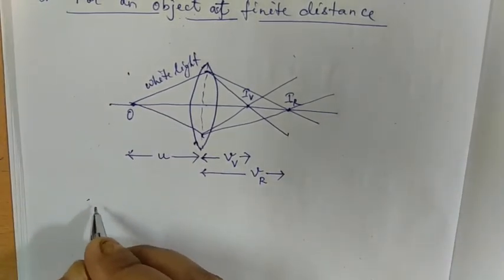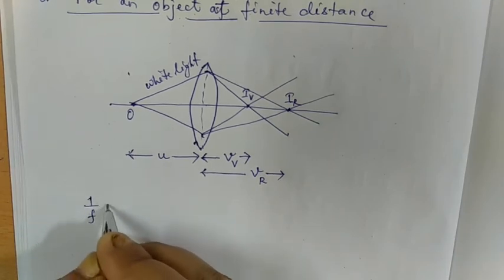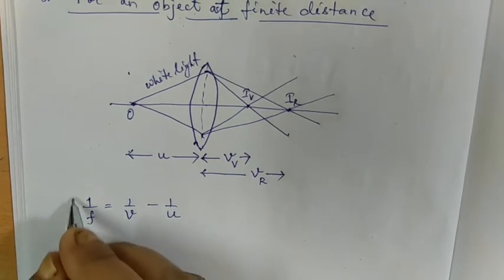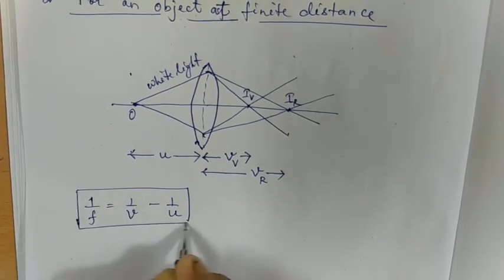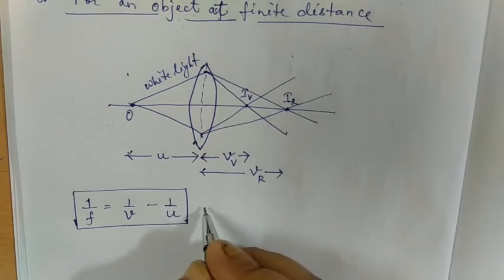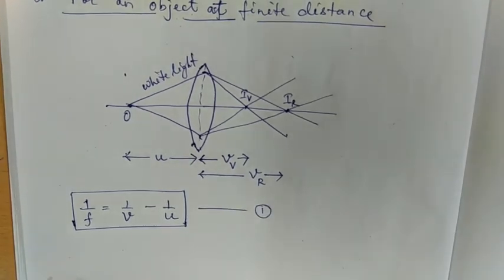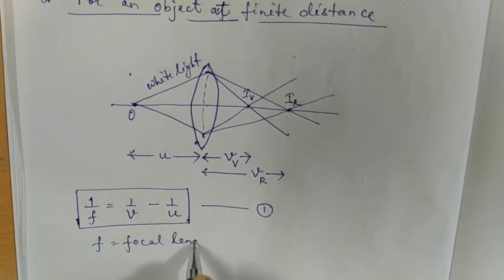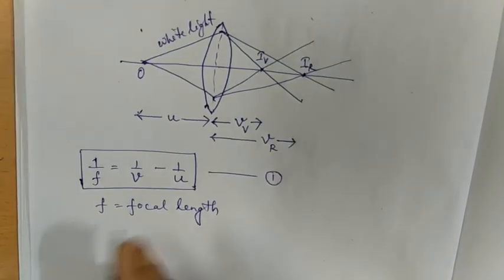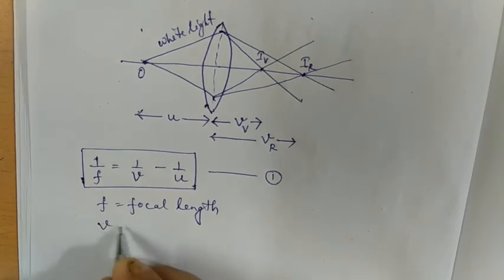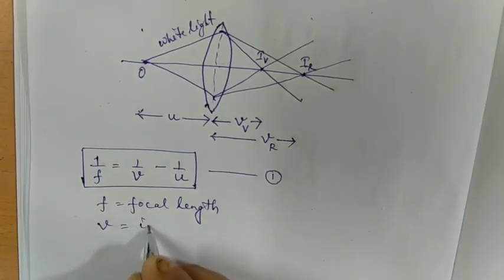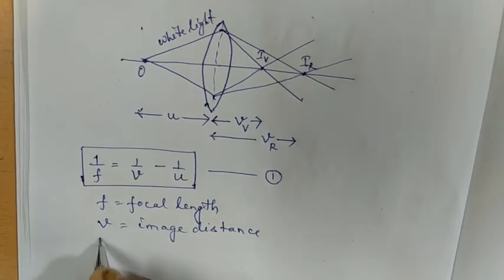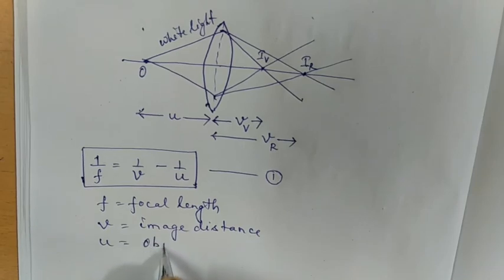Again, the focal length is given by 1 by f is equal to 1 by v minus 1 by u. This is the general lens formula, which you might know. Let's say this is equation 1, where f is the focal length, generally called the mean focal length, v is the image distance and u is the object distance.